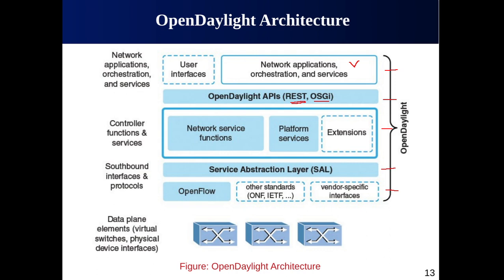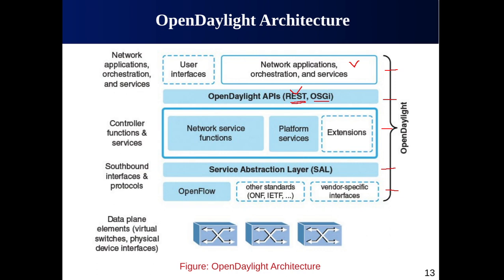While that is not always the case, in some scenarios the application and the controller do not run in the same address space. They could even be on a different machine. For that scenario, you have to use the REST API. So if they are in the same address space, same machine, then OSGI. If they are in a different address space, then you have to use the REST API.